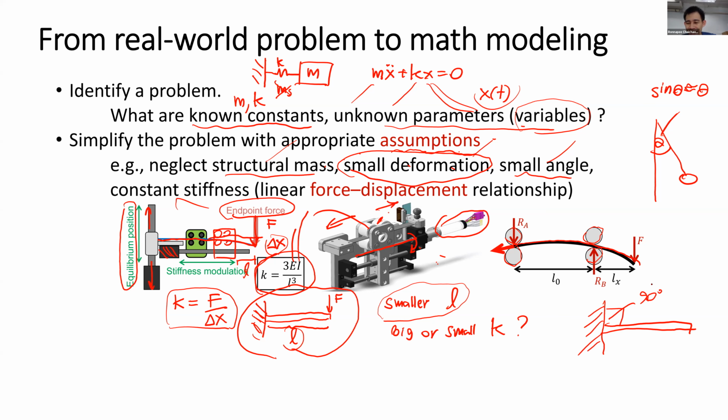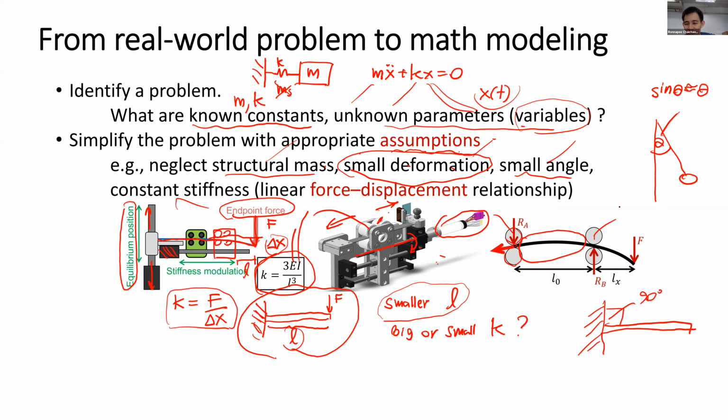But in the real system, we realize that we can see the spring bend between the left pair and the right pair of rollers.